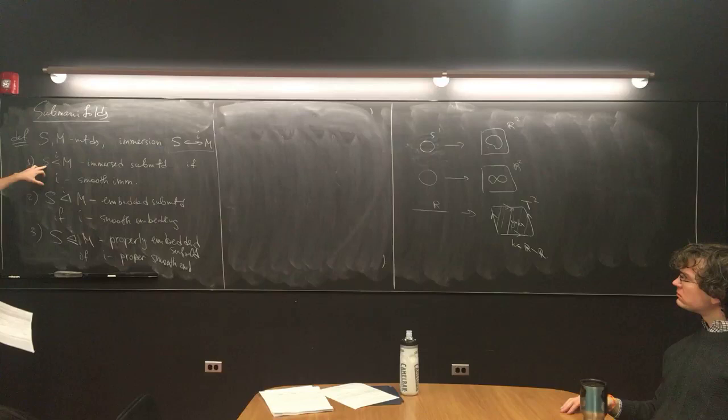So immersions. By non-vanishing, you mean it has to be immersive. It has to be immersive. It's not a square matrix, right?